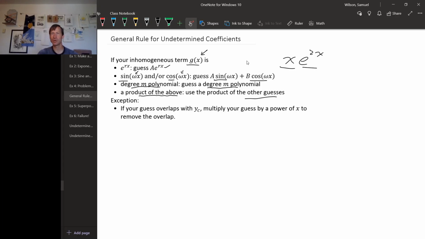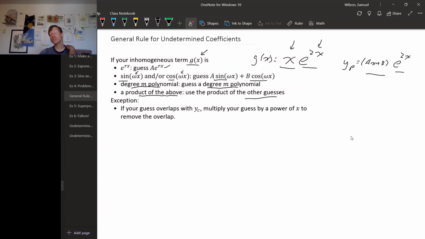So if this were your g of x, your inhomogeneous term, then your guess for a particular solution would be a degree 1 polynomial, so ax plus b, times an exponential, so e to the 2x. So the guess for our first one times the guess for our second one.